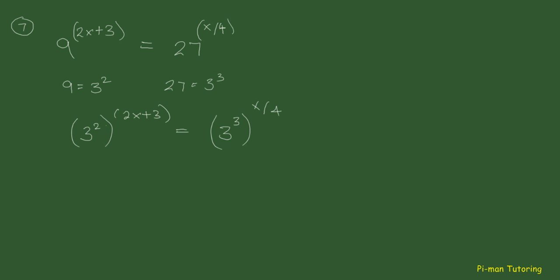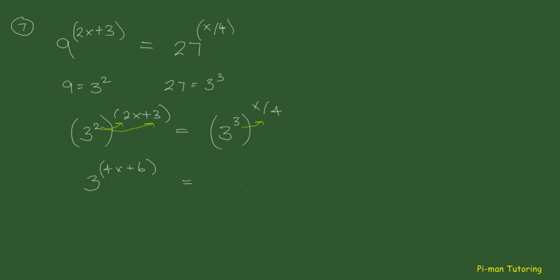Now we've got powers of powers, so we're going to multiply these two exponents together, and similarly on this side. So what do we get? 3 to the power of 2 multiplied by 2x will be 4x. 2 multiplied by 3 will give me plus 6.